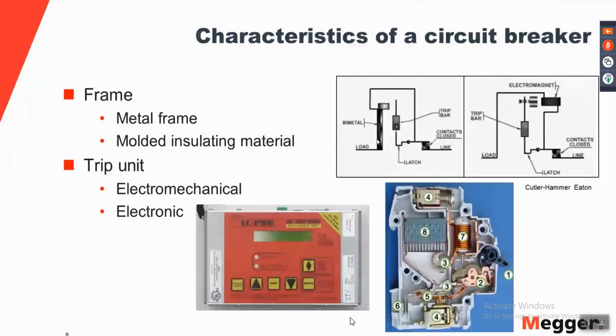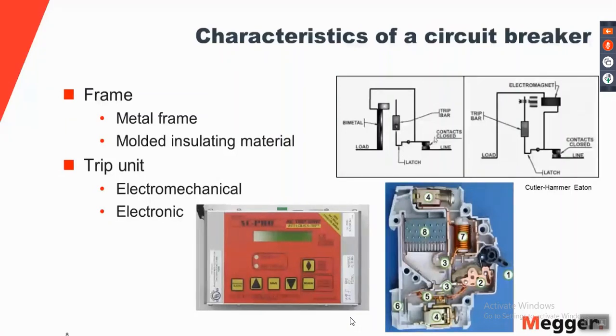The bimetallic strip is made up of 2 metals which expand at different rates when heated. That will result in the strip bending, and the part you see on the end of the strip will hit the trip bar, thus releasing the latch, and the contacts will open. That's how the thermal portion works.